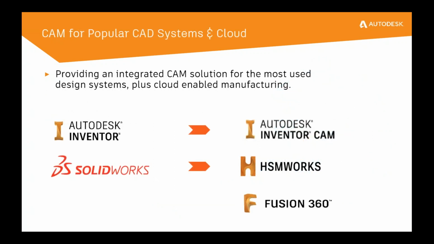Now, as far as the language goes, you saw the initial slide said Autodesk HSM. Well, that's actually a collection of products. Autodesk HSM is Autodesk High-Speed Machining. Now, for you guys that are out there using Inventor, the product itself is called Autodesk Inventor CAM because it's CAM that runs inside Inventor.